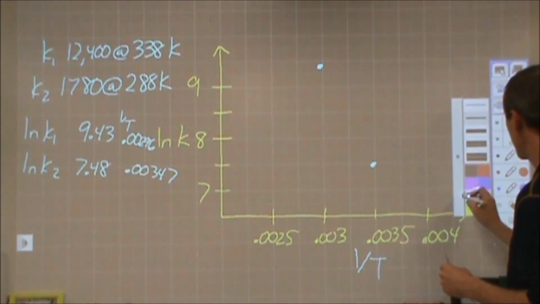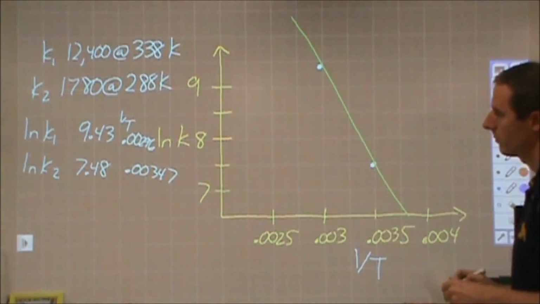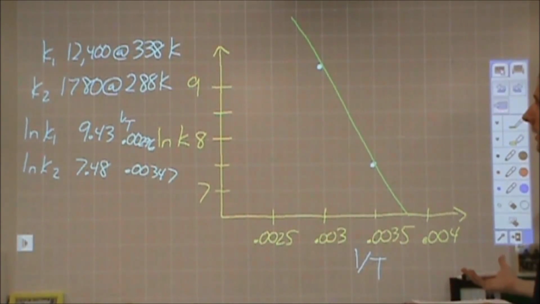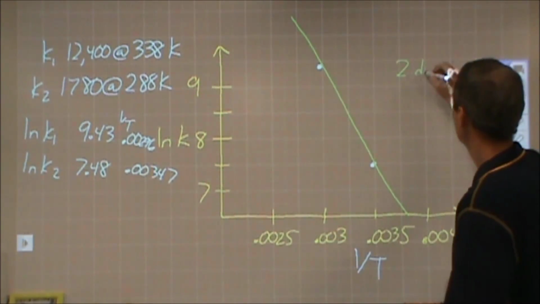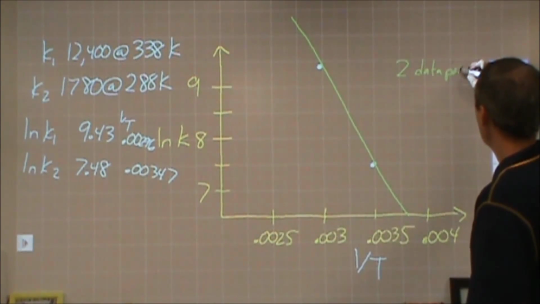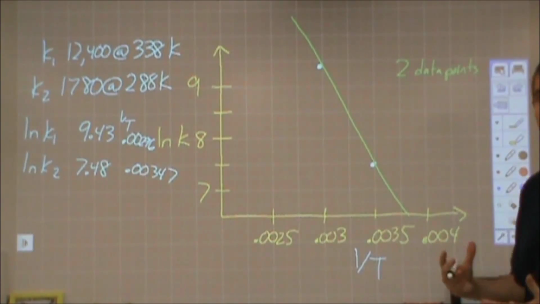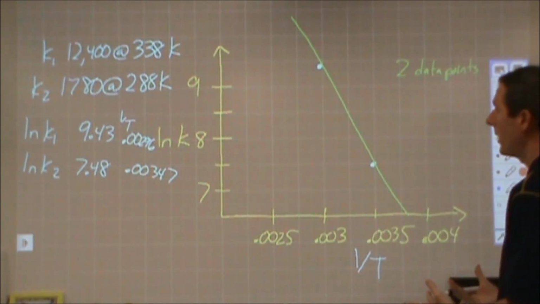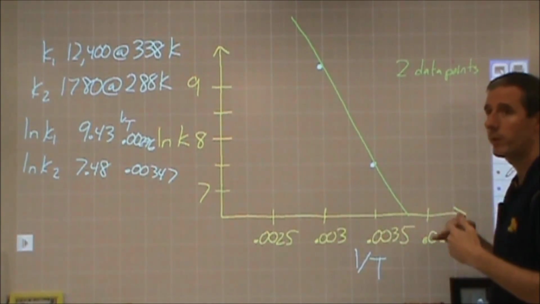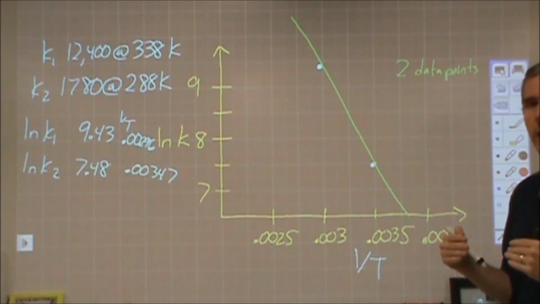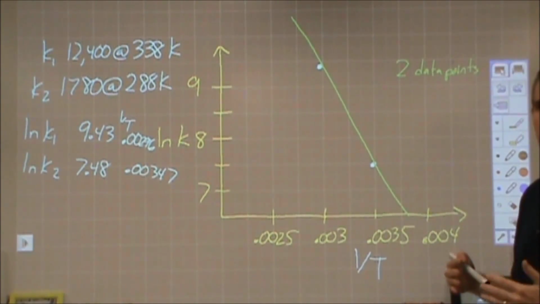So what we can then do is make a line of best fit, and from that find the slope of it. In this particular problem, we only have 2 data points, which is not ideal. Ideally, we would have a set of data points at various temperatures to construct a good line of best fit. If you have more than 2 data points, it's very important that you find your slope not from the data points, but from the line of best fit, because that includes all of your data and not just 2 of the points.